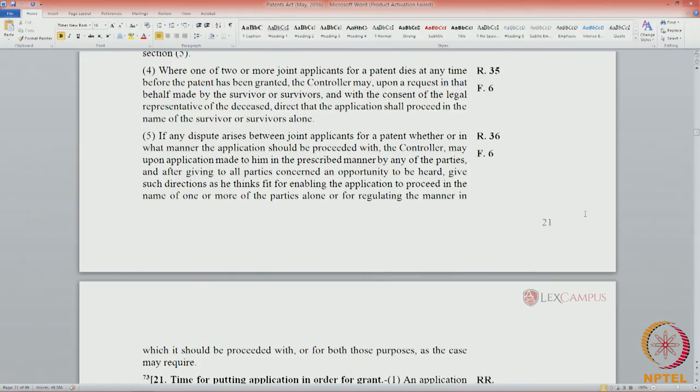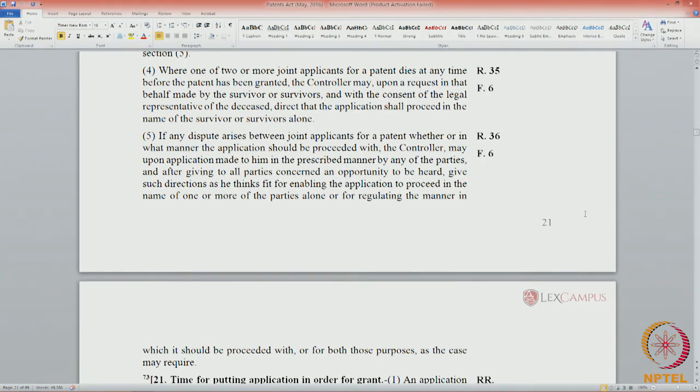The controller can give such direction as he thinks fit. Now, this is the important part. The controller can hear the parties and he can give such directions as he thinks fit for enabling the application to proceed in the name of one or more of the parties alone, or for regulating the manner in which it should be proceeded, or for both.